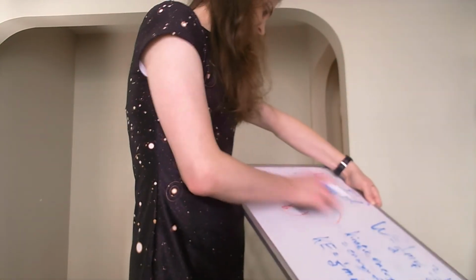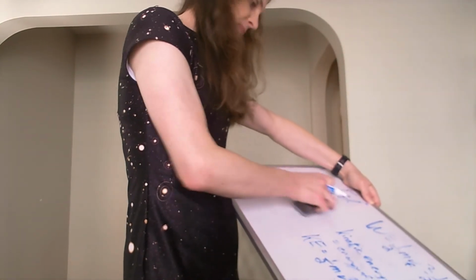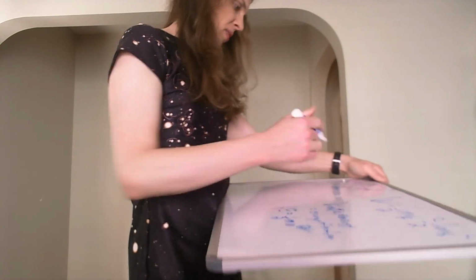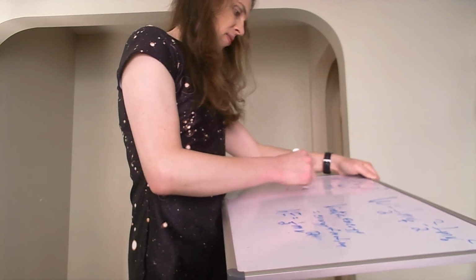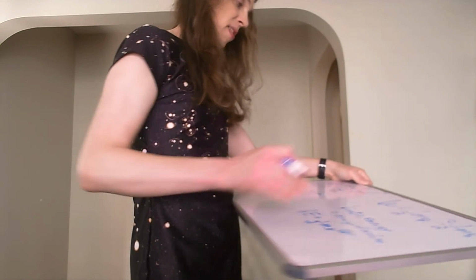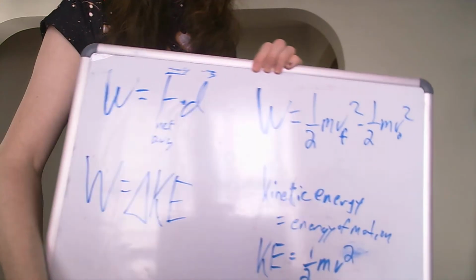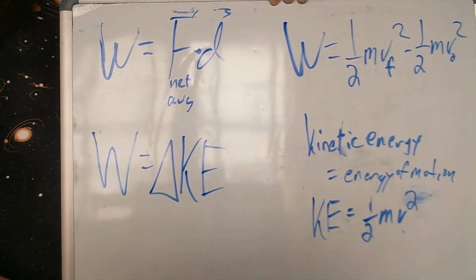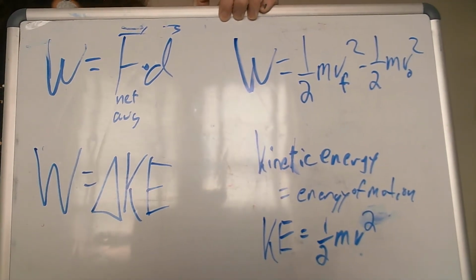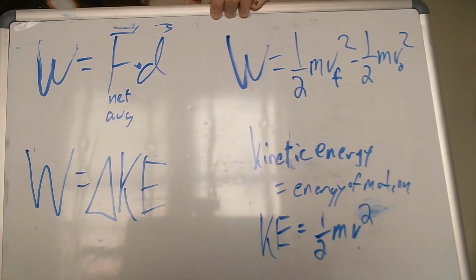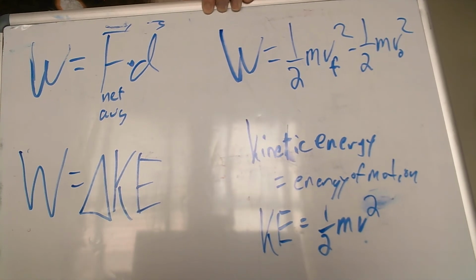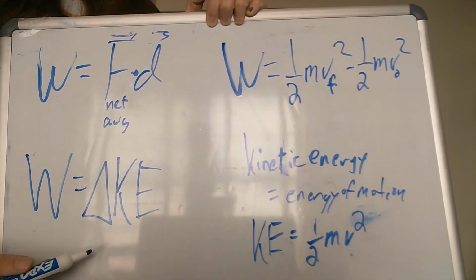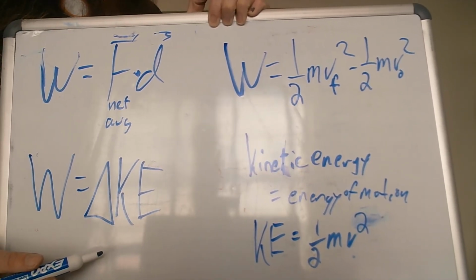And so if that's the case, then we get back to the idea we had earlier, that when that work is equal to a change in energy. And in this case, if the work is going all into changing a thing's speed, it's changing the kinetic energy of the thing.